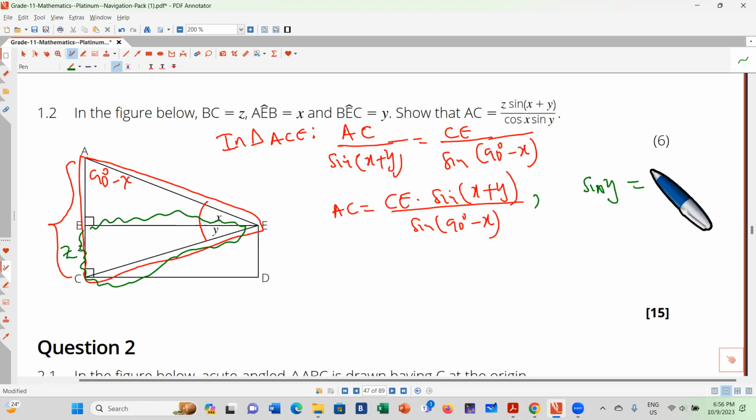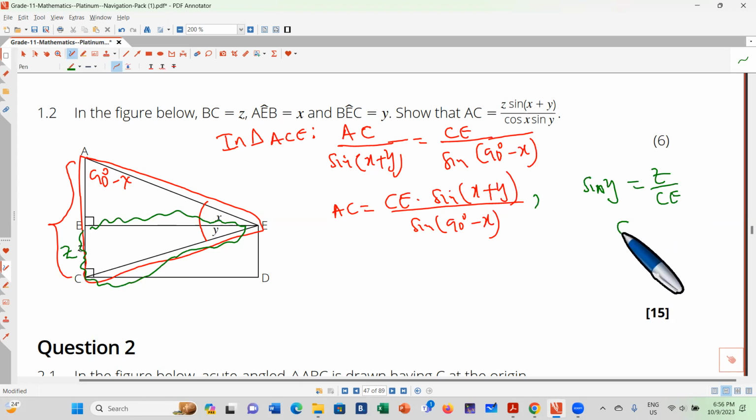So the opposite is Z over the hypotenuse, which is CE. We need to find CE here.